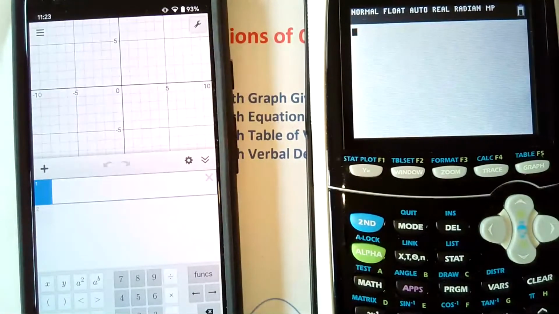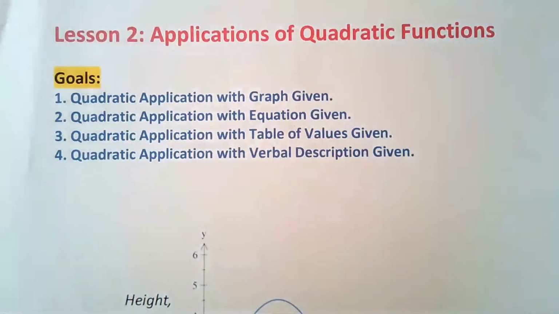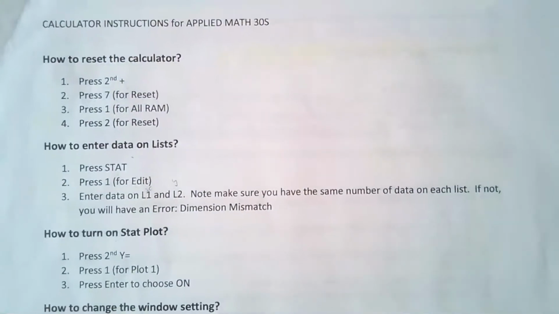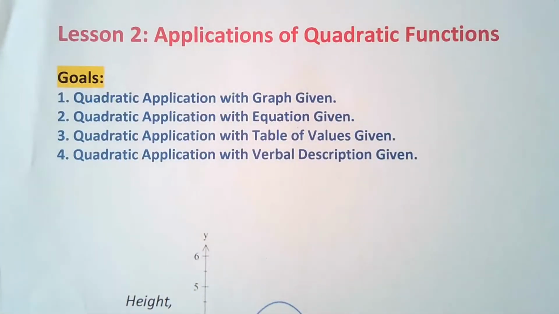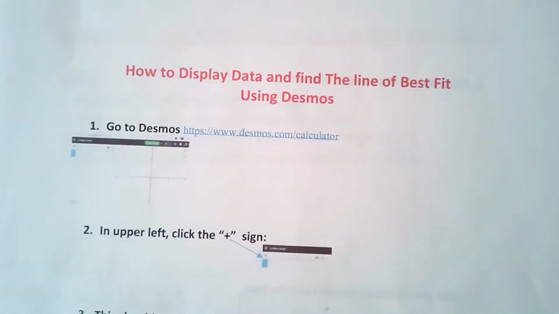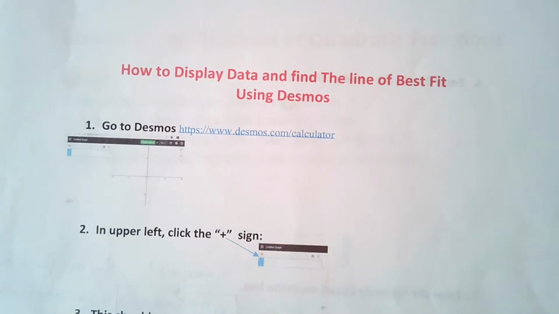So we'll be utilizing these. Also, you may want to have handy your calculator instructions for the graphing calculator and how to display data and find line of best fit using Desmos. We're also going to use this for quadratic functions.